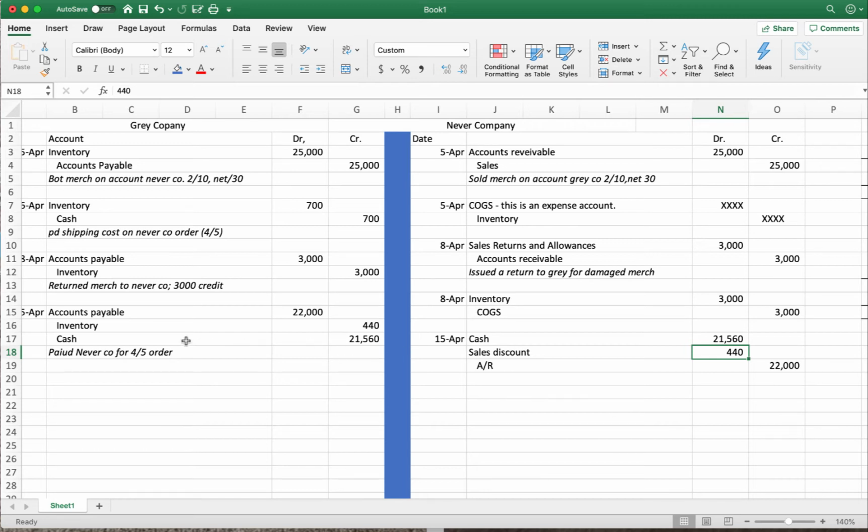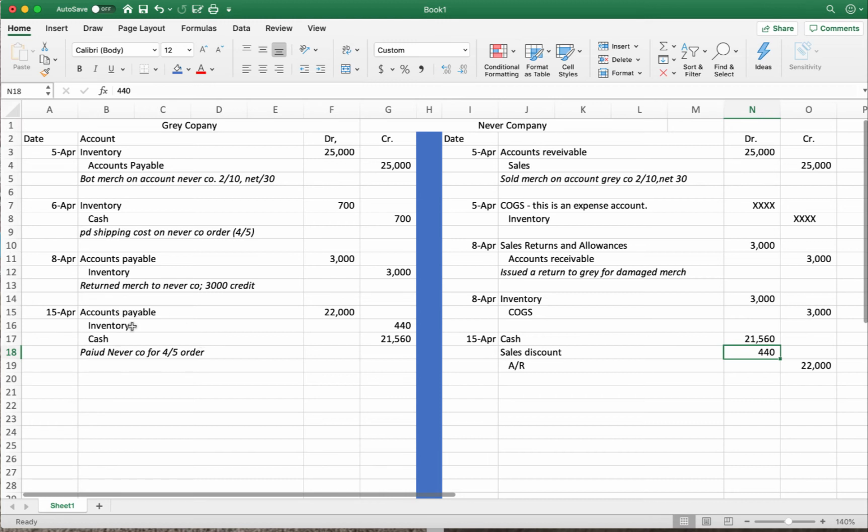So compare what the buyer did with what the seller did. It's virtually the same transaction, right? It's just the flip side. We are receiving cash because we are the seller. The buyer is paying cash. It's the same amount of cash, right?